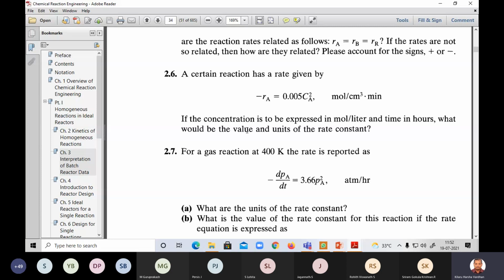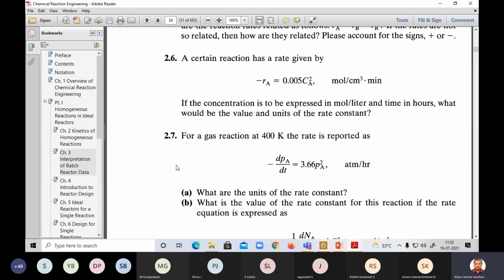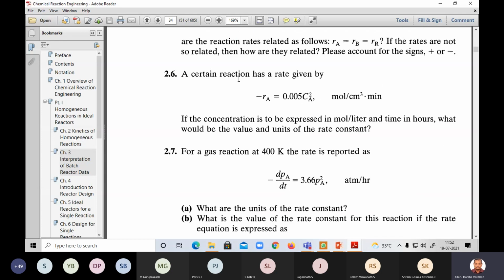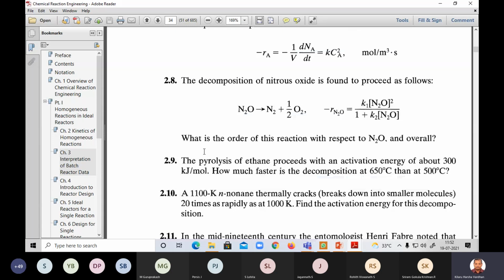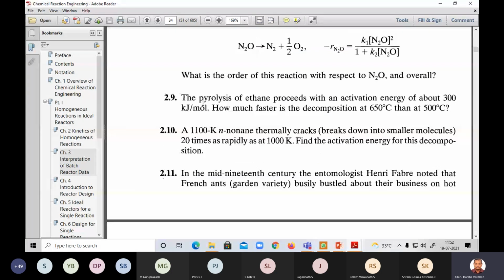Now, can anyone do problems 2.6 and 2.7? The problem here: the pyrolysis of ethane proceeds with an activation energy of about 300 kilojoules per mole. He's asking how much faster the decomposition is at 650 degrees centigrade than at 500 degrees centigrade.